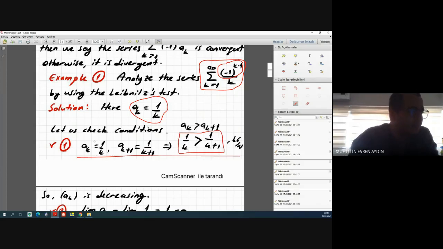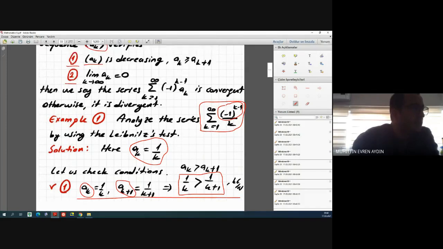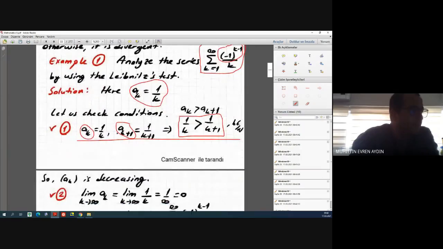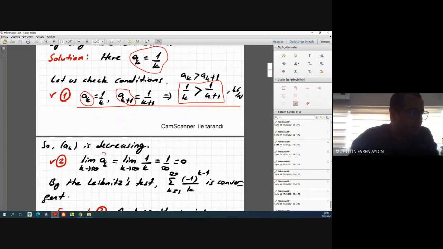This means that a_k is always greater than a_(k+1), so the first condition of the Leibniz test is satisfied. For the second one, which is easy, the positive part is 1 over k and its limit is clearly 0. So both conditions hold, and this means that your alternating series is convergent.